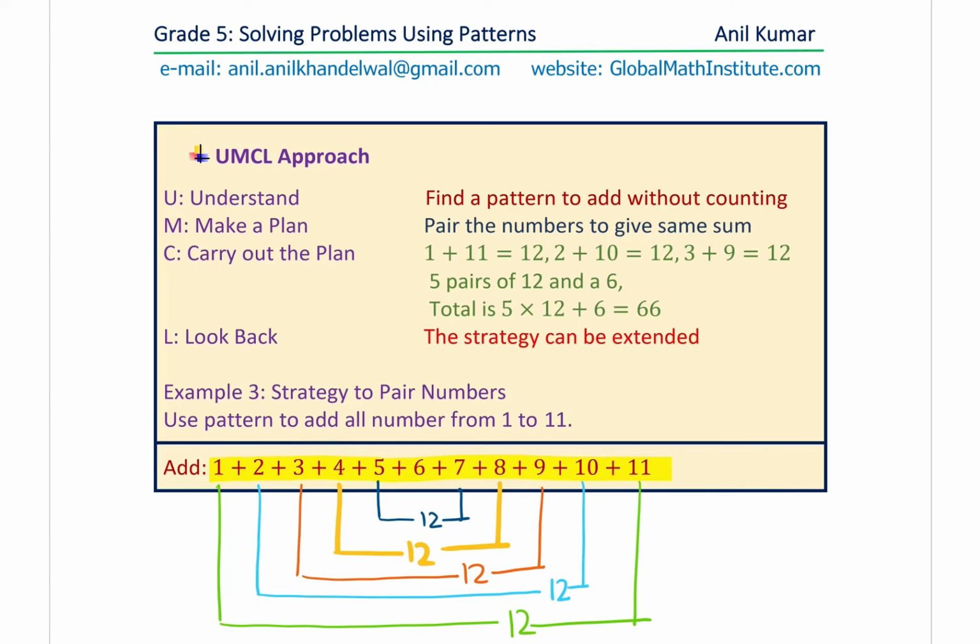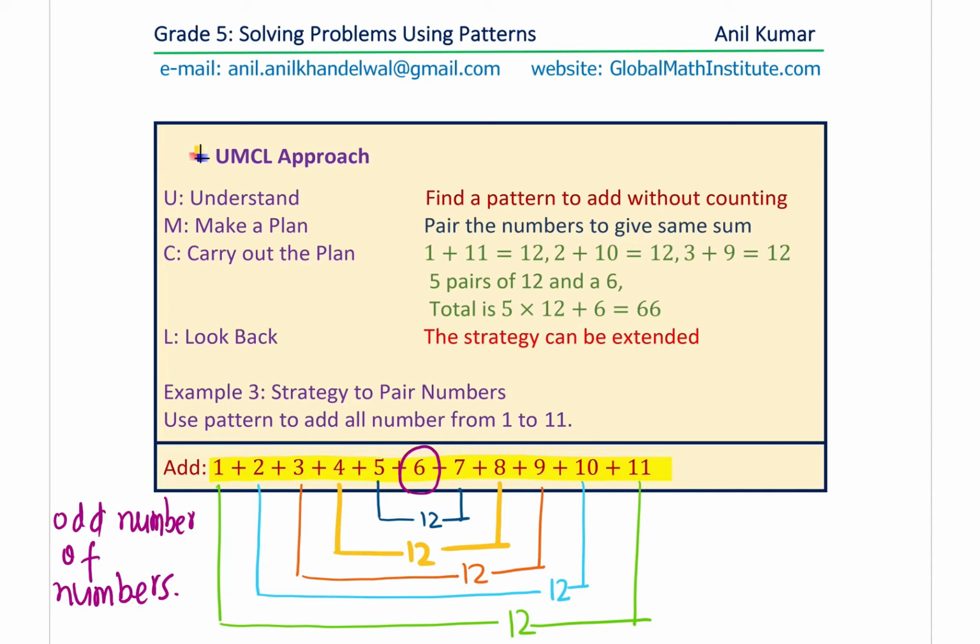What you see here is that one particular number, which is 6, has been left alone since we had an odd number of numbers. Correct. So in that case, 1 is left.